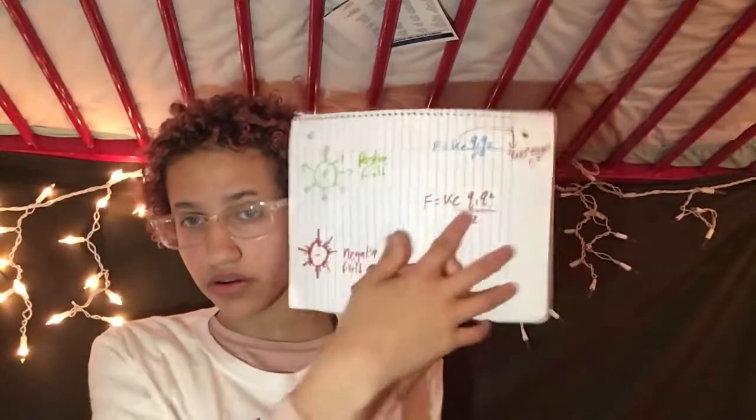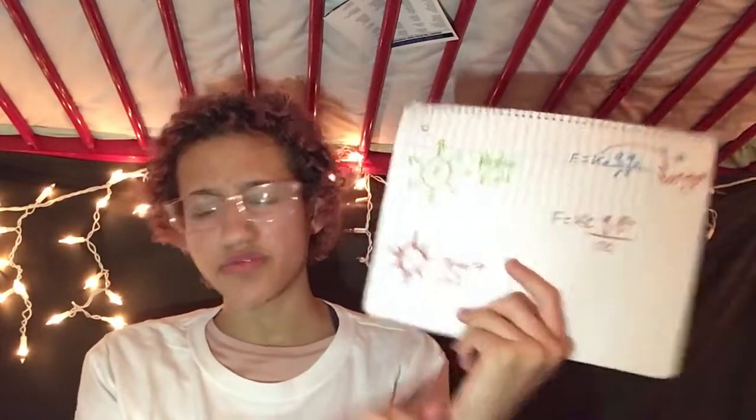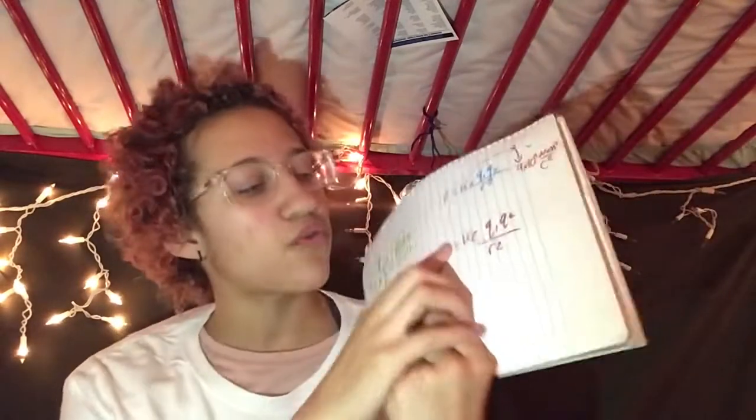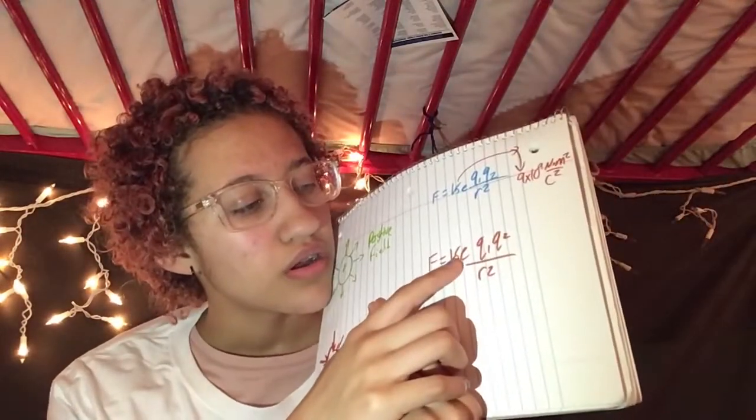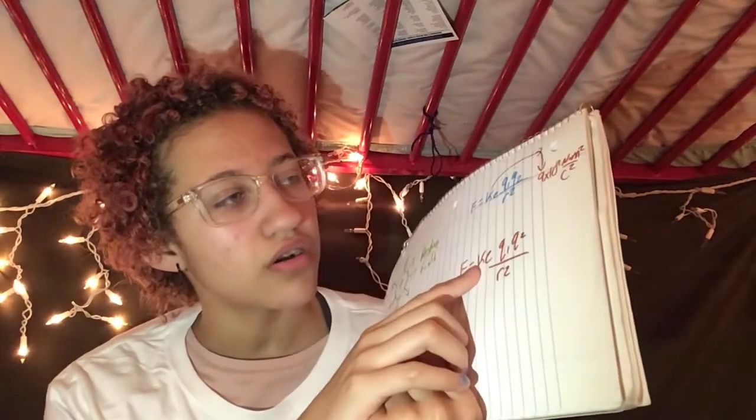Oh my god, time for Coulomb's law. So it looks confusing, and I thought it was confusing up until 2 minutes ago. For Coulomb's law, am I saying this right? Don't know. It's pretty much just saying force is equal to something, a constant.